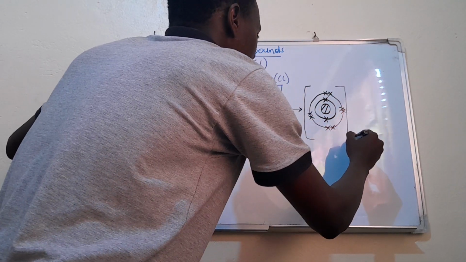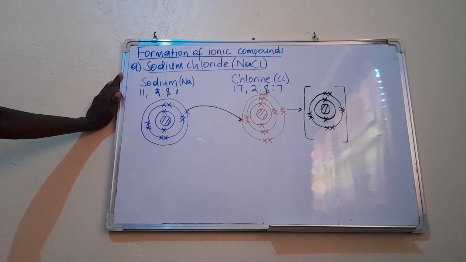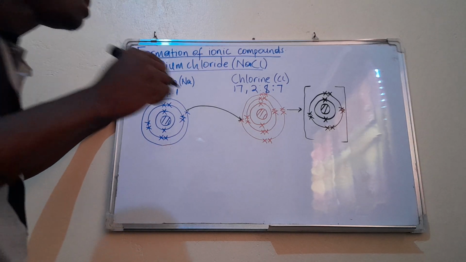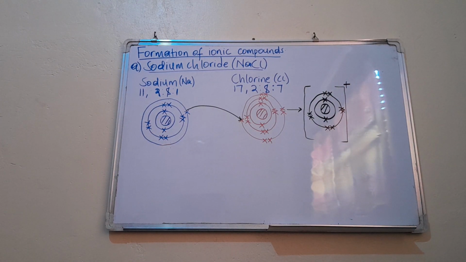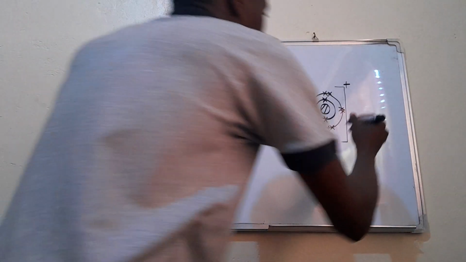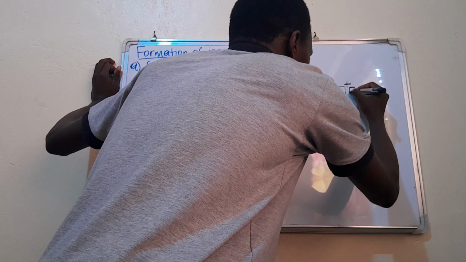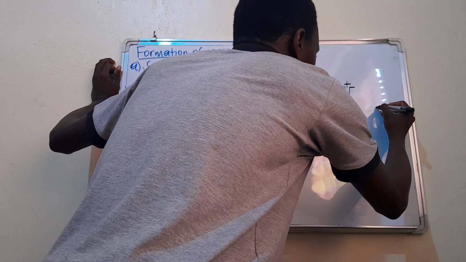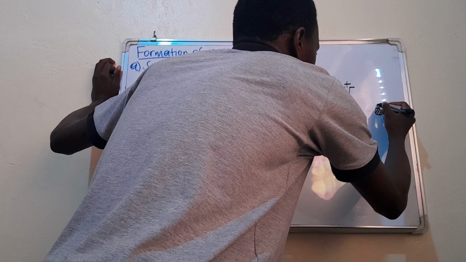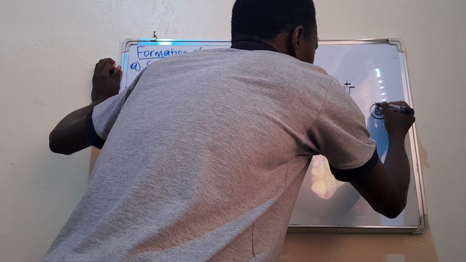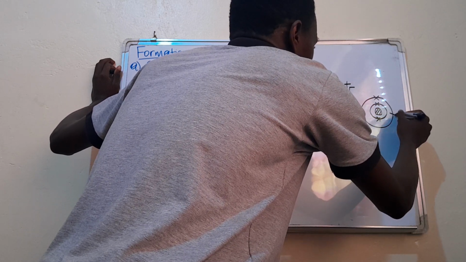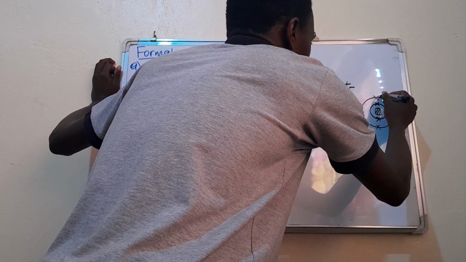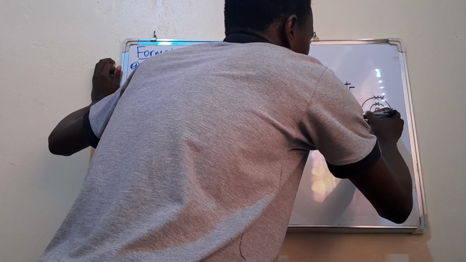And we said in the previous session that when a metal loses electrons, there is formation of a positively charged ion. So we shall put a plus there, indicating that we formed a positively charged ion. Also, when chlorine gains one electron, this is the new atomic structure of chlorine: 1, 2, 3, 4, 5, 6, 7, 8.